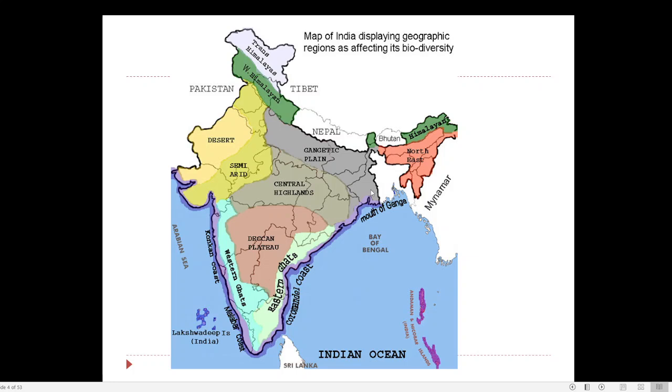The importance of the Indo-Gangetic Plain is that this area is covered by fertile soil brought by rivers from the Himalayan region. So this area is highly fertile, and because of the fertile soil, a lot of agricultural crops are grown there, especially wheat and rice.